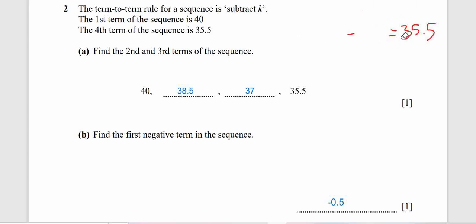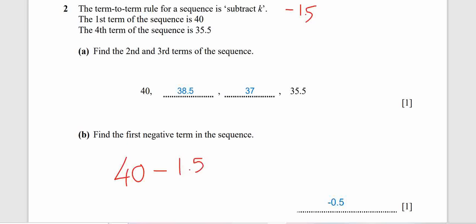Let's see the explanation. Now, first negative term. We have the value of k, subtract by 1.5. Now 40 minus 1.5.